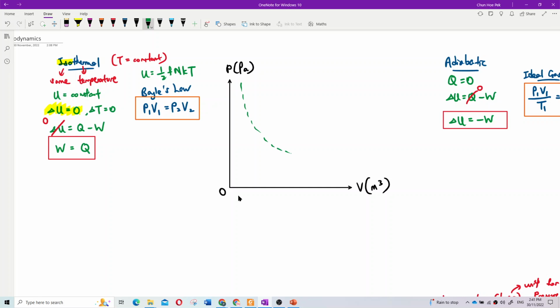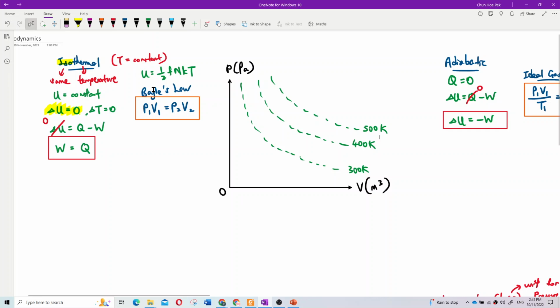The graph should be on the isotherm line, you understand? Let's draw it. 300 Kelvin, 400 Kelvin, and 500 Kelvin. So the isotherm line is like this.